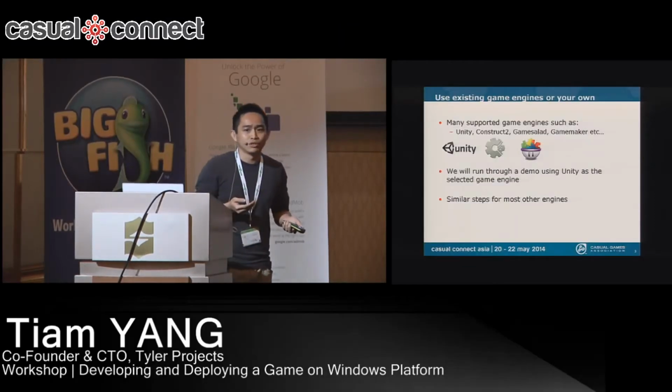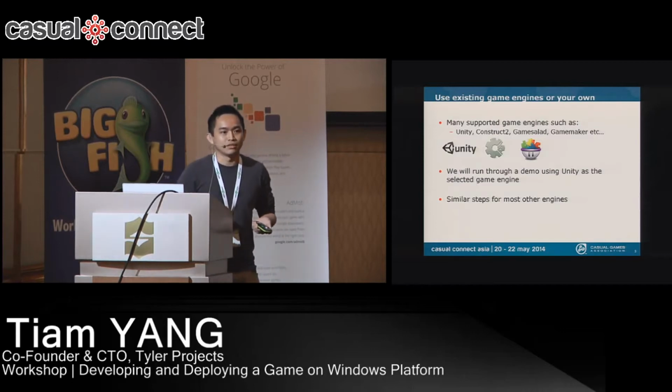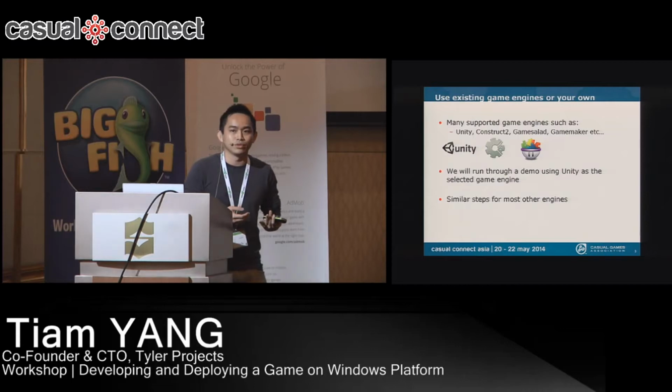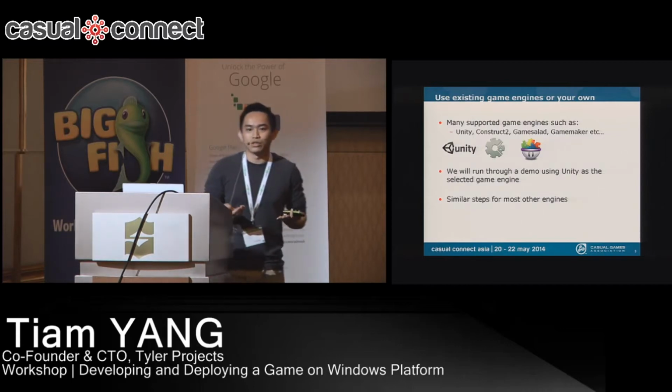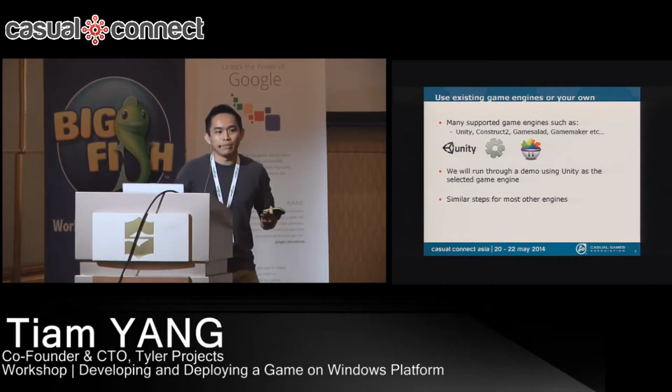And nowadays, when most developers develop a game, there's no reason to make your games only available on a particular platform. So most people will be targeting cross-platform. For the steps that I'll be showing you later, although it's for Unity as an example, the same steps will apply for most other game engines as well.